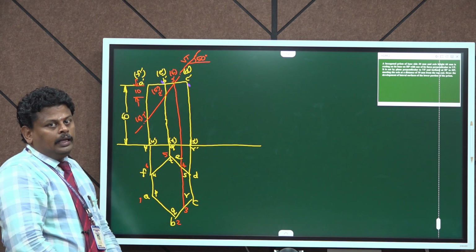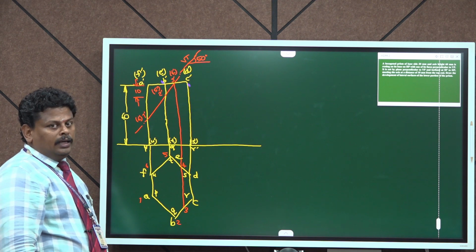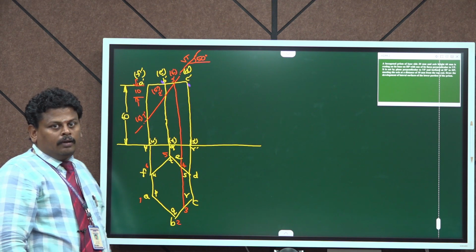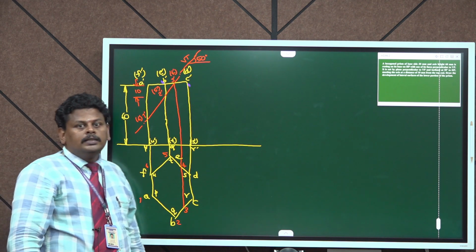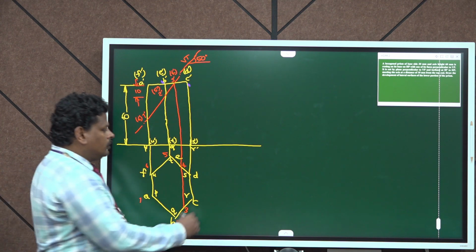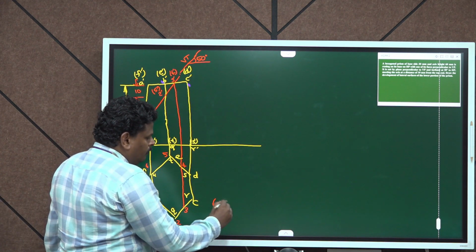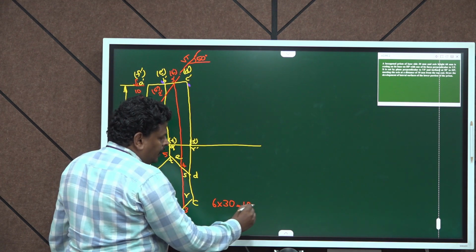Now we can draw the development of the prism. Here the prism is of side 30 mm. We are going to draw the development of the hexagonal prism. The hexagon consists of 6 sides, and here the side is 30 mm. So 6 into 30 mm will give the length of the development, which is going to be 180 mm.